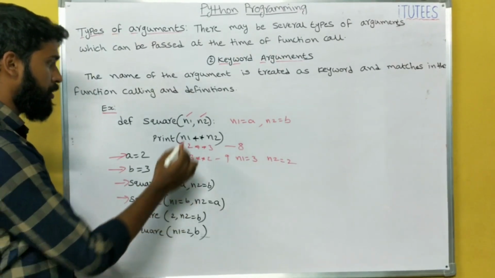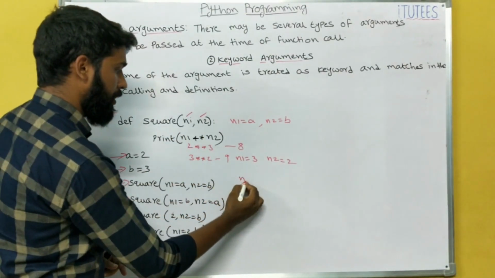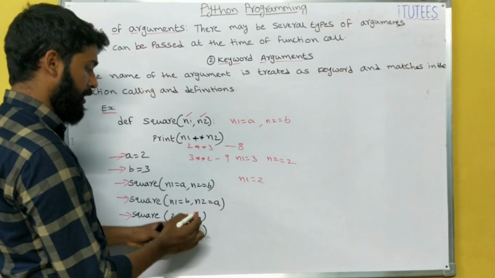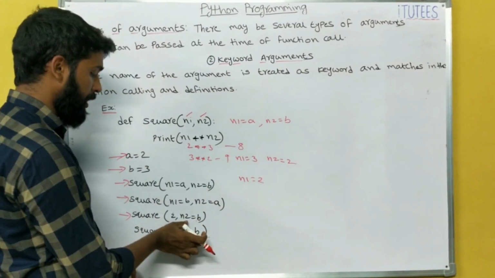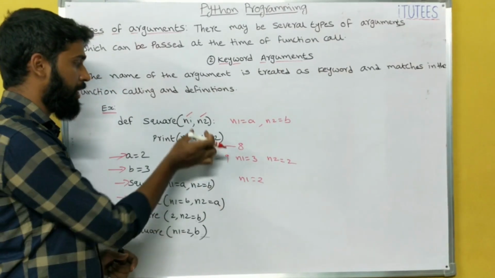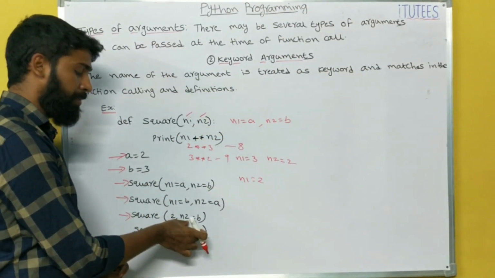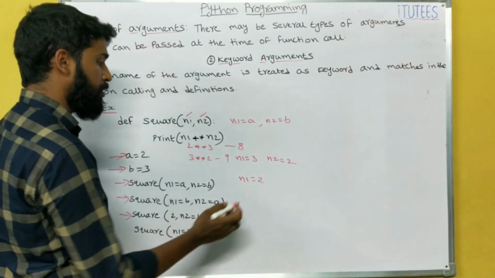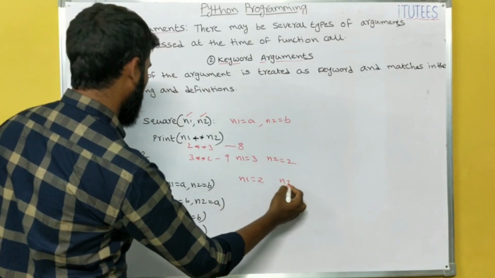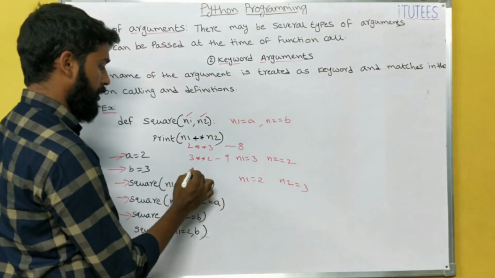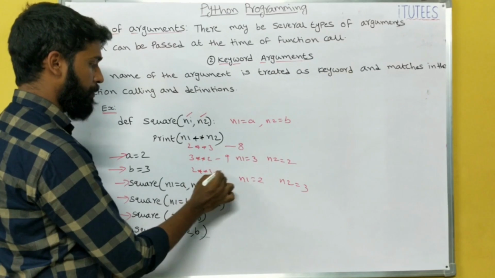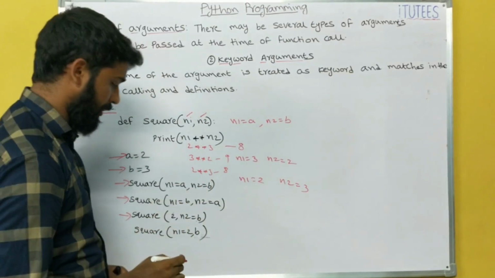That means 2 is stored in n1, n1 equals 2, and n2 equals b. Actually I have two keywords, but in the function call I am using only one keyword. n2 equals b, that means n2 equals 3. 2 power 3. It prints 8.